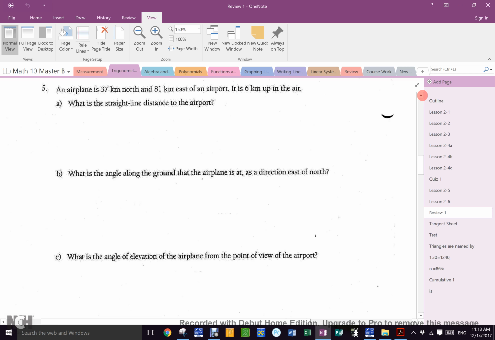He's a badass, that Yoon Kang. It's 6 kilometers up. So this is 6 kilometers, 6 up from the ground. Now that we have 6, we can. Oh, what's our angle?